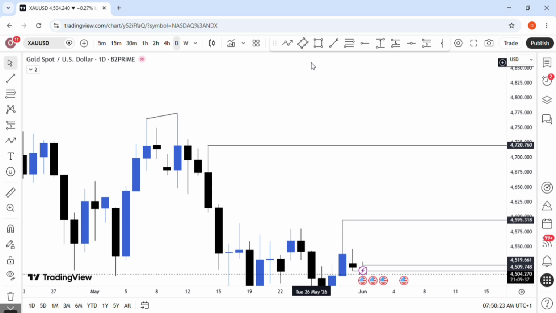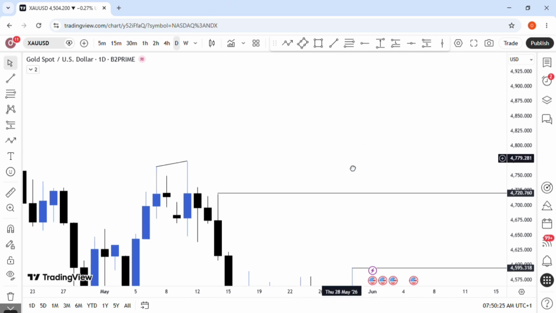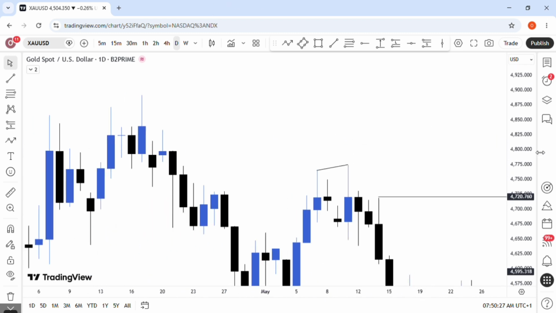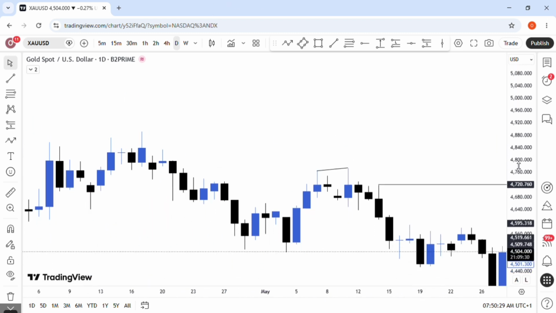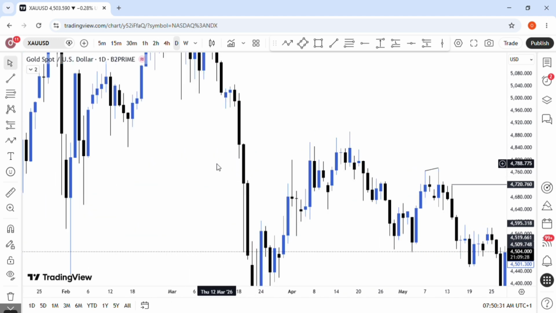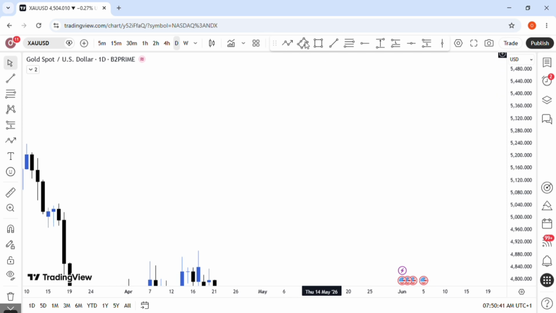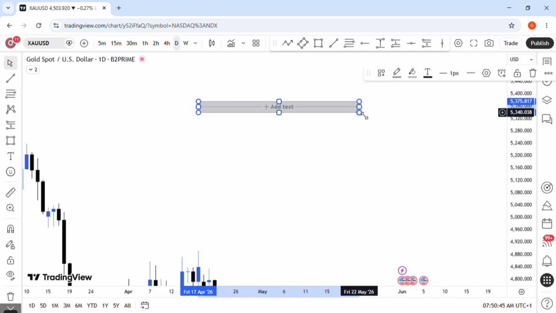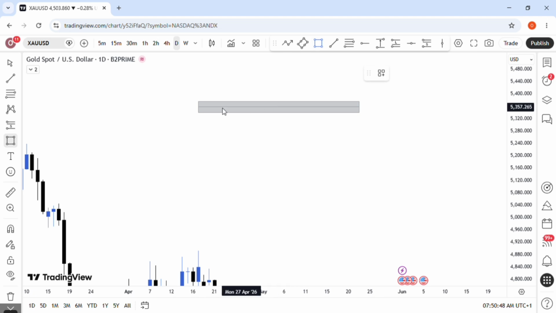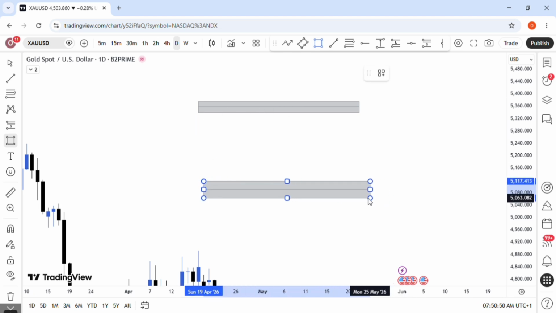Now, the third most valued place where you can catch liquidity is our support or resistance area, our demand or supply zone. Now, talking of support and resistance, we used to have something like this. That is our resistance, and this is our support level.